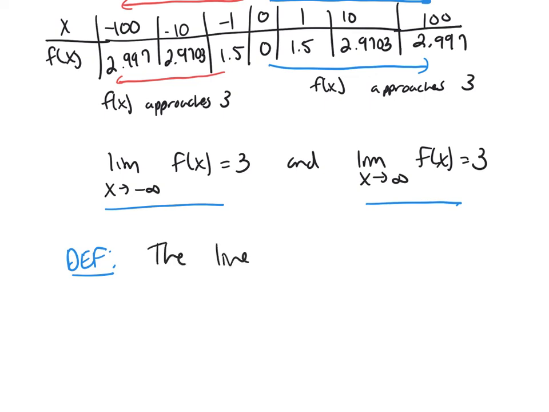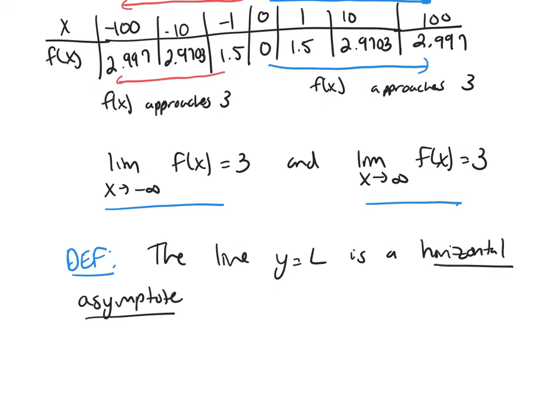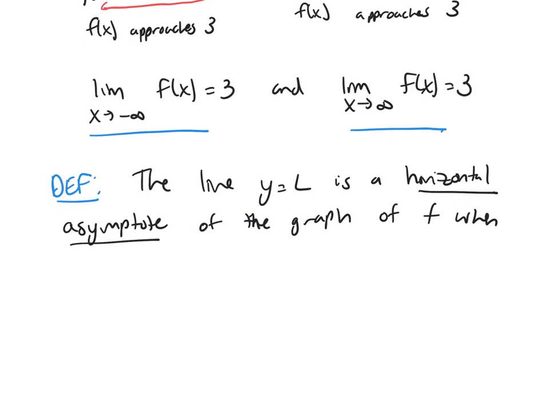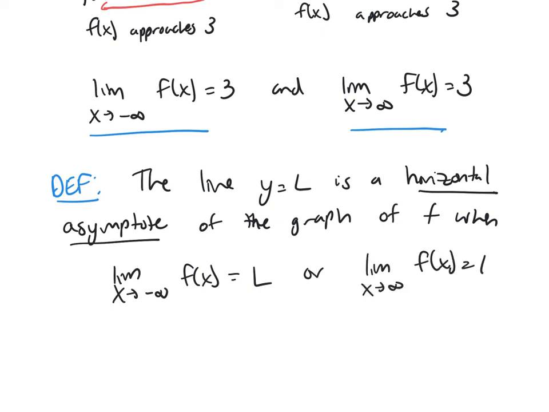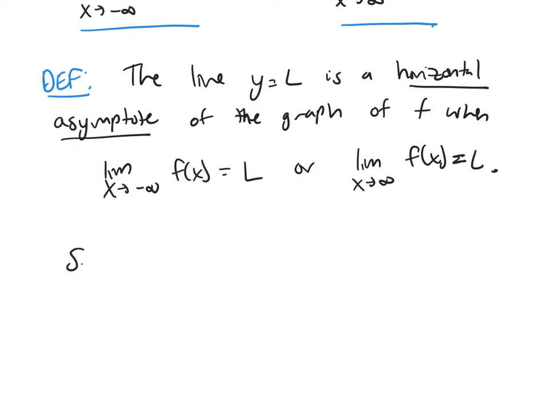Say the line y equals L is a horizontal asymptote of the graph of f when the limit as x approaches negative infinity of f of x is L, or the limit as x approaches infinity of f of x is L. So if we look back at our previous example, y equals 3 is a horizontal asymptote of the function.